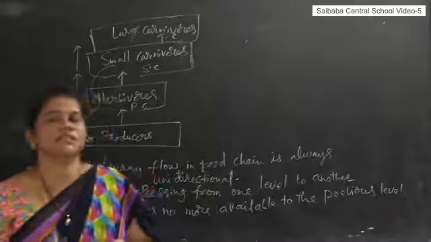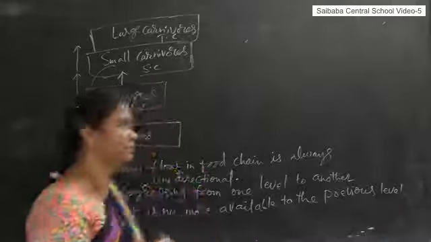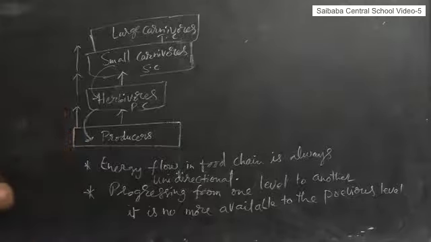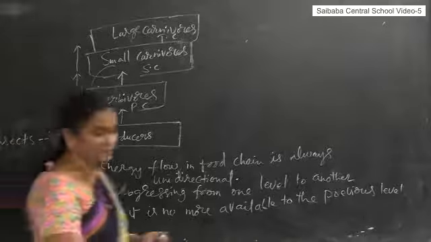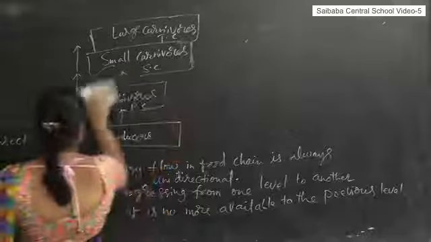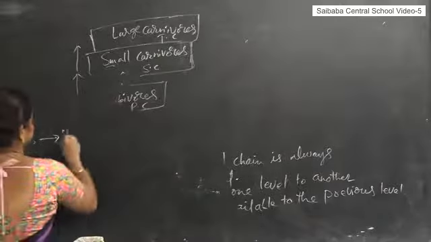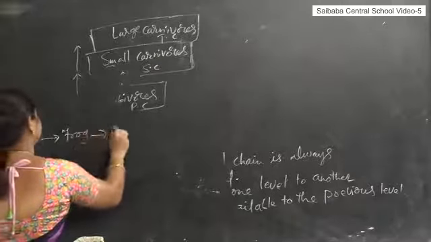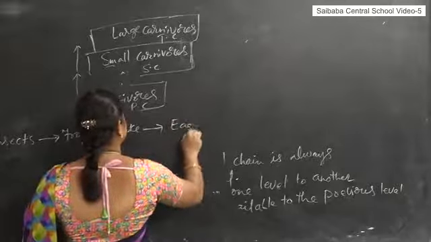And there are some other chances of the board asking questions also. For example, sometimes the board may give you a food chain like this. Grass is eaten by insects. Insects are eaten by frogs. Frog is eaten by snake. Snake is eaten by eagle.